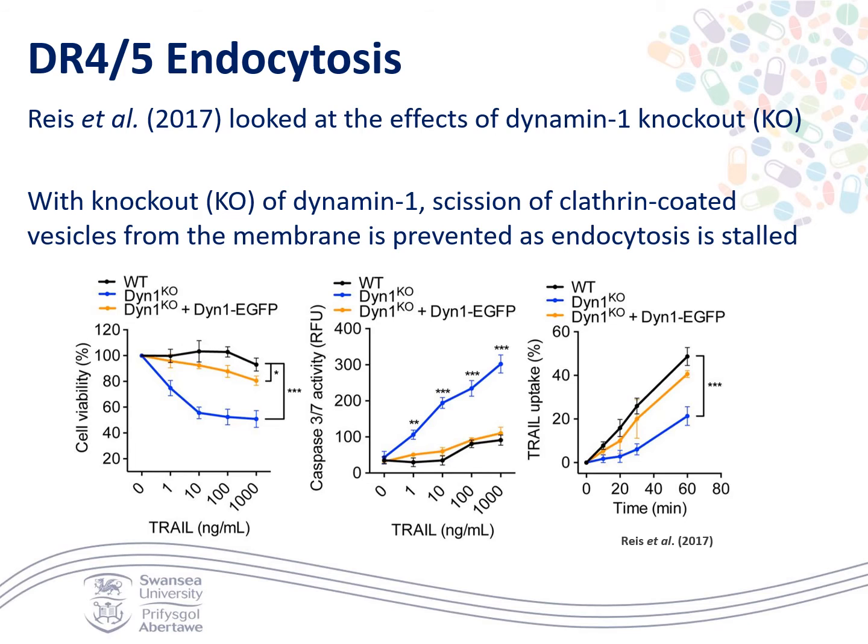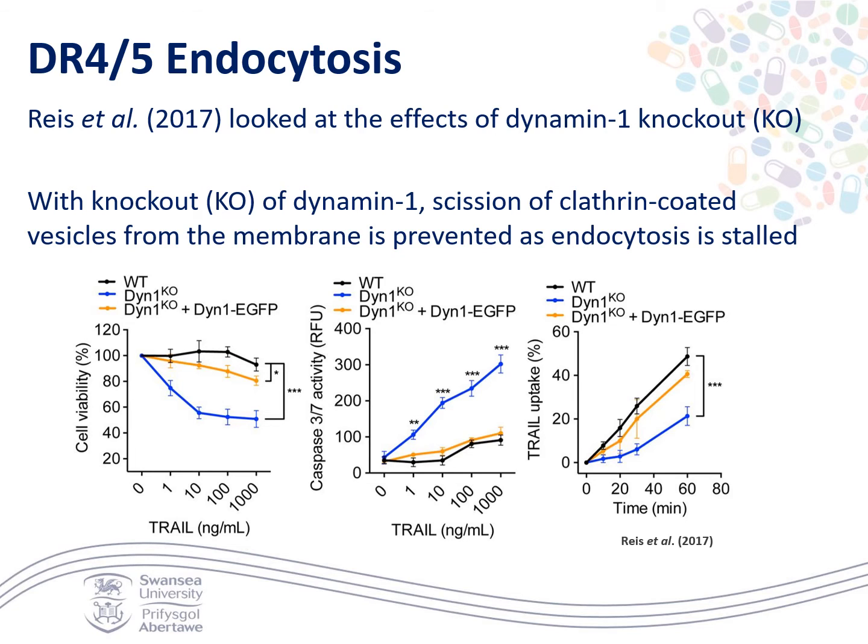You then have dynamin-1 knockout shown in the blue line. And you can see in the graphs that on the far left-hand side, when we have dynamin-1 knockout, so cells which are not able to internalize receptors anymore, we have a massive decrease in cell viability. Cells die quicker in the presence of trail when dynamin is knocked out.